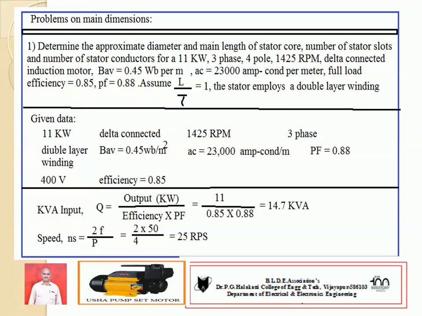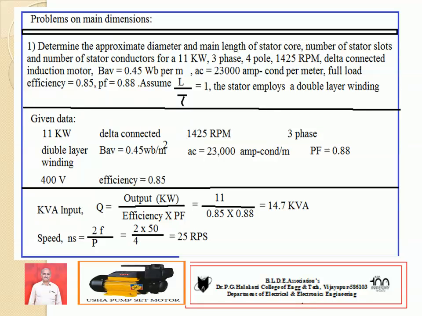Before going to that, write down in symbolic manner all given data: 11 kilowatt, delta connected, B average, AC, 1425 rpm, efficiency, power factor. All given details you write down on one side. After that you start with the initial step.